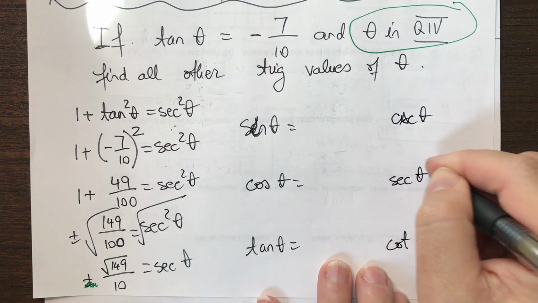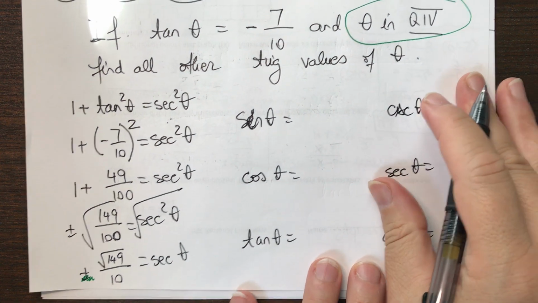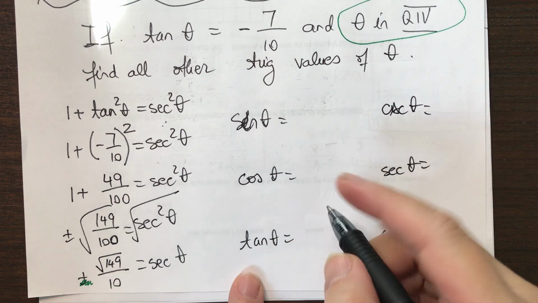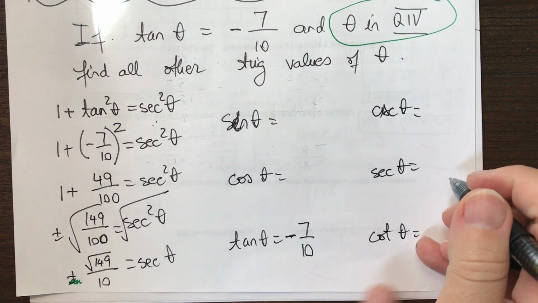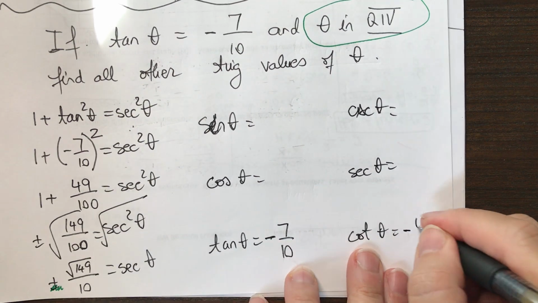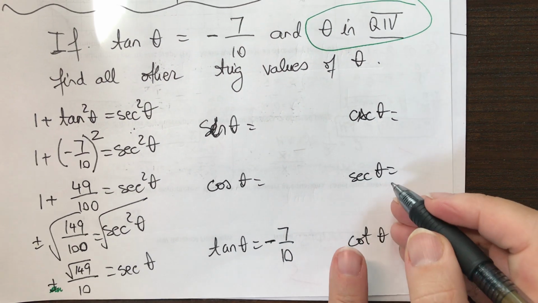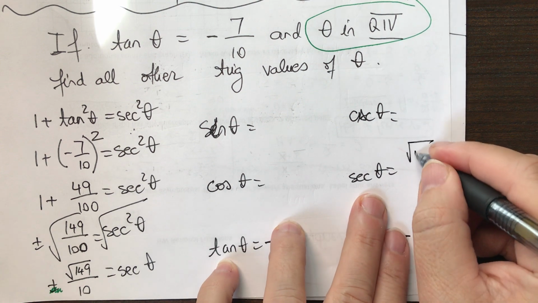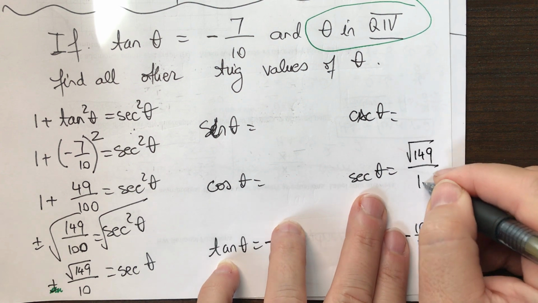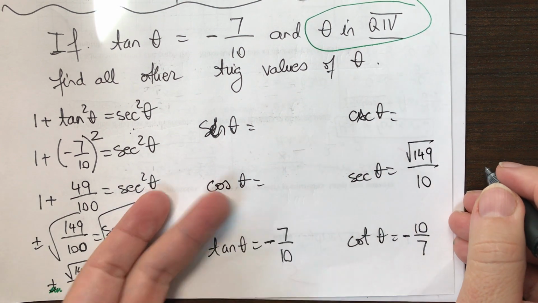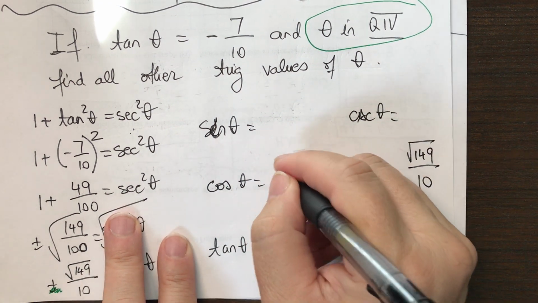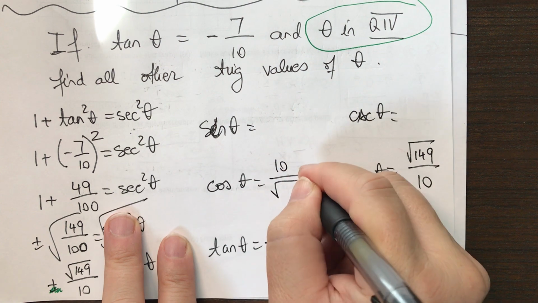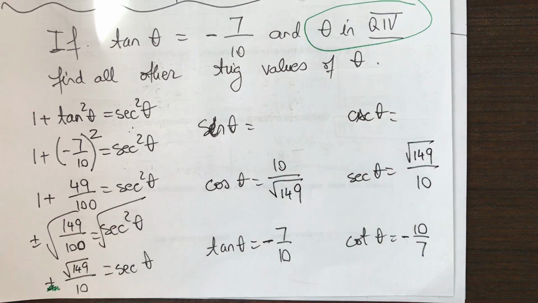Okay, so which ones do we know? We needed 2. Tangent is negative 7 over 10. So if tangent's negative 7 over 10, cotangent's negative 10 over 7. Secant, we found its square root of 149 positive over 10, yes? So cosine's the reciprocal of that, which is 10 divided by the square root of 149, yes?